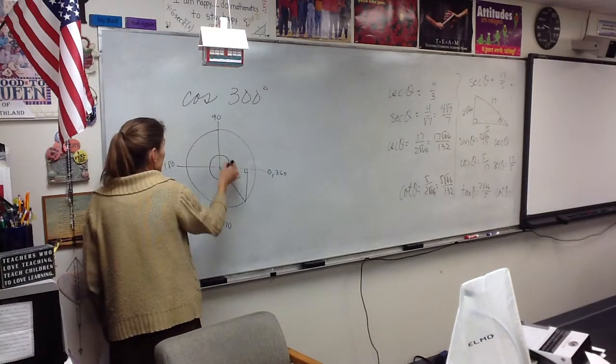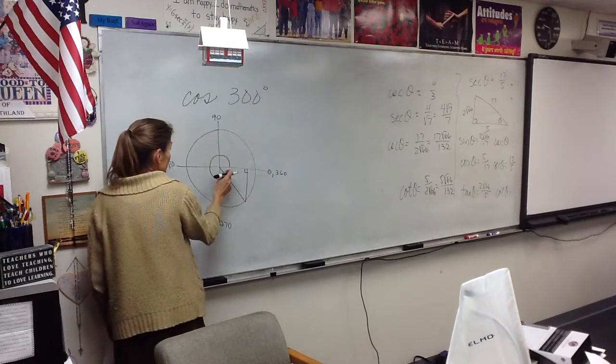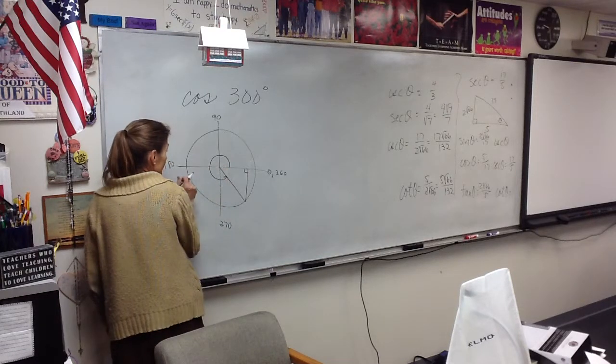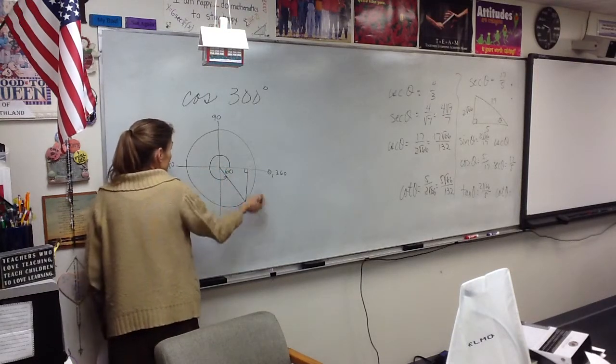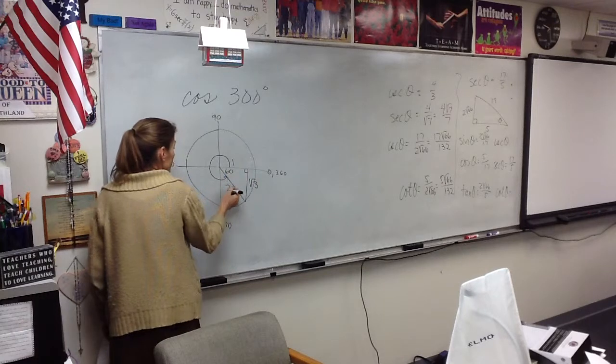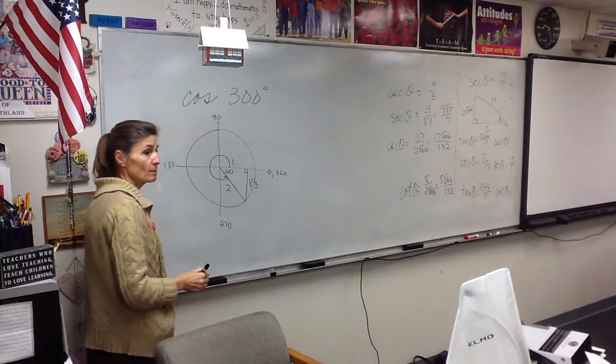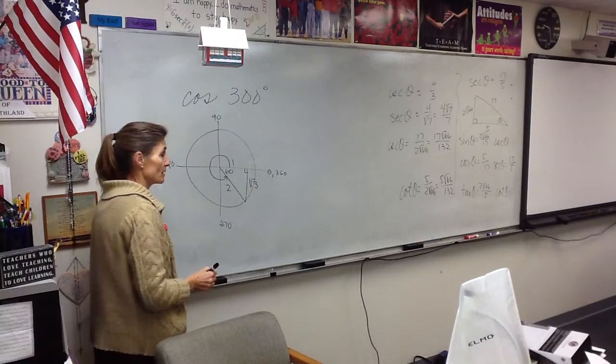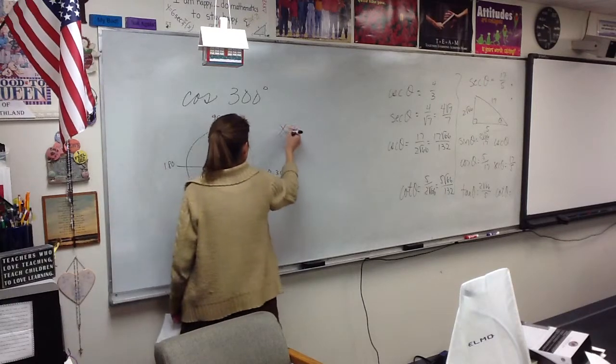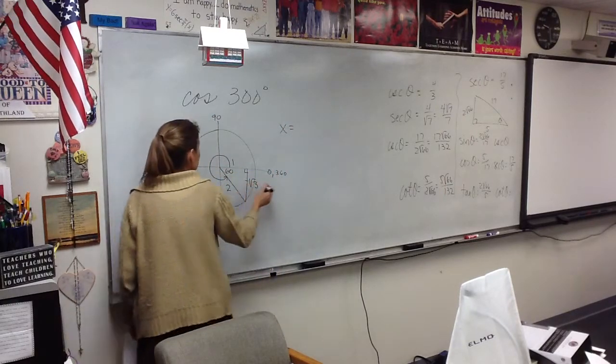If this is 300, then how big is my reference angle right here inside the triangle? 60. So this is root 3, and this is 1, and this is 2. You should be able to do that automatically. Anything negative in that picture? The root 3 is negative.